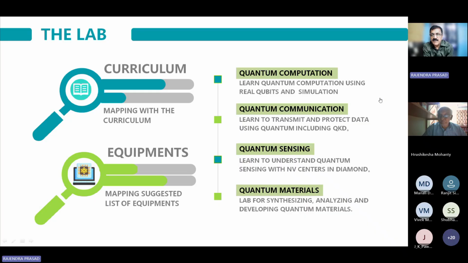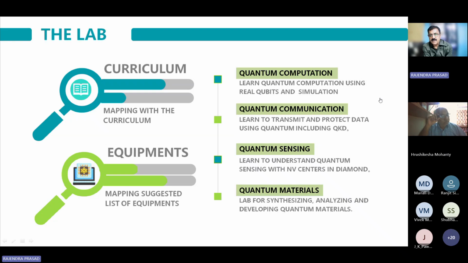The objectives could be for quantum computation, to learn computation using either real qubits or simulation, depending upon what you can afford. Then the communication part, different communication techniques, photonics, etc. But majorly, we are more interested in the QKD cryptography part, which can now be implemented directly because of the advances we have made in this direction, and also availability.